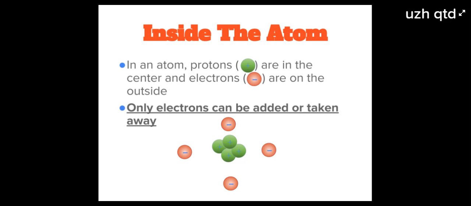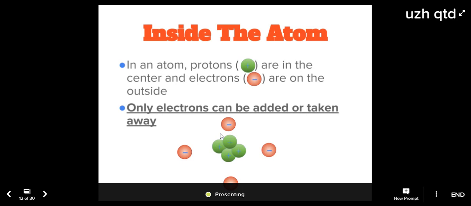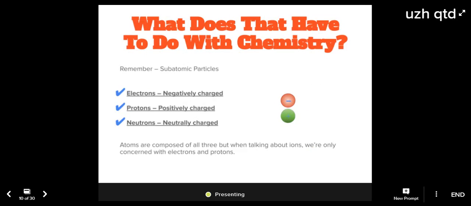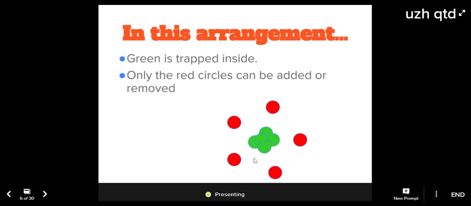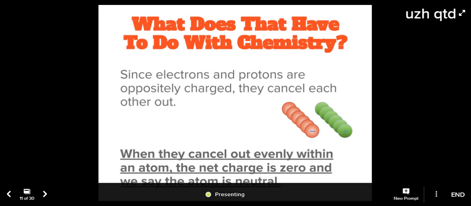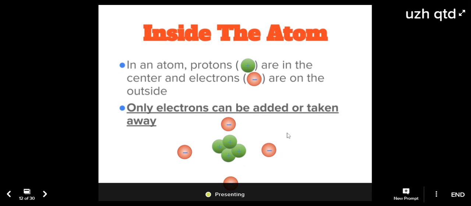So, just a quick reminder, this should look really familiar. This is what I drew previously when we were working with the colors, and they were just green and red. It's the same thing, it just has a little bit more meaning now.